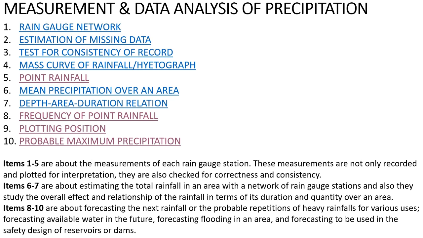And then items 8 to 10, frequency of point rainfall, plotting position, probable maximum precipitation, they are all about forecasting rainfall from the data that you have gathered from past na precipitation occurrence. So yung item 1 to 5, they are measurements for one rain gauge station lang. And kasi kada rain gauge, chine-check and dinedecipher pa for correctness.